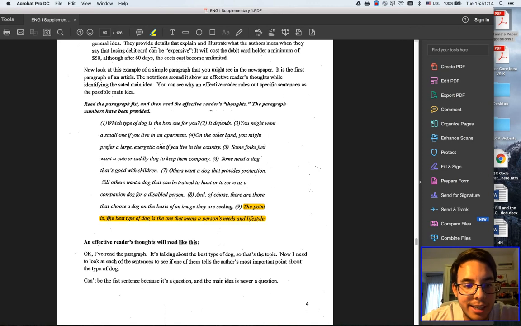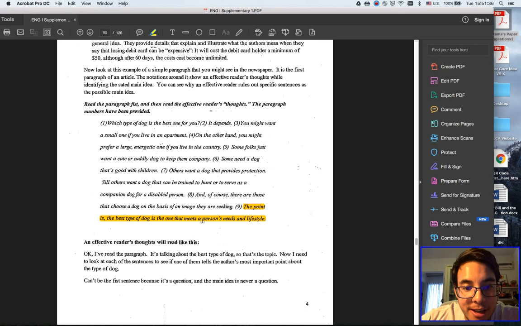Now, the second part is the best type of dog is the one that meets the person's needs and lifestyle. If you take a look at the rest of the sentences before sentence number 9, you'll notice that they're talking about different types of people or different types of dogs and which would fit a person's preference.